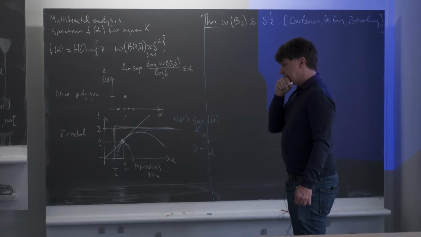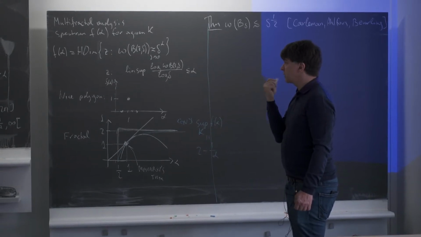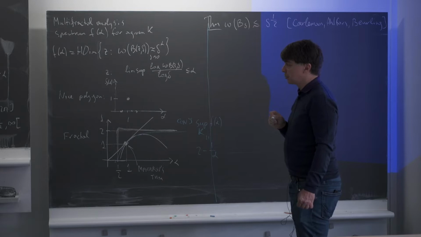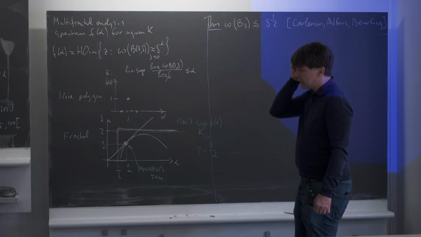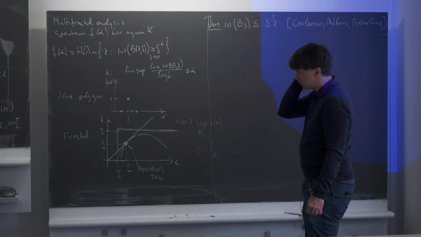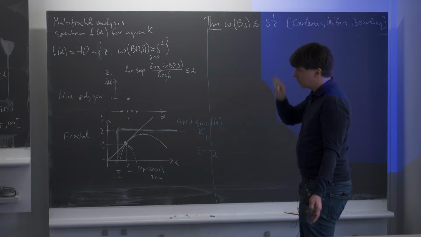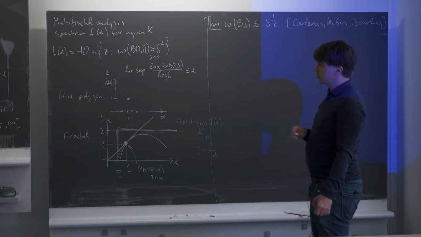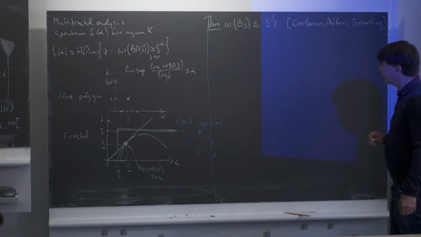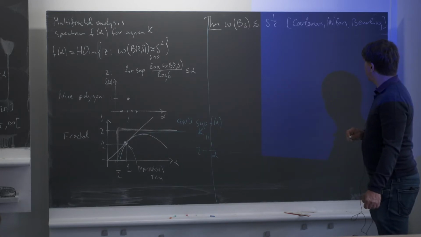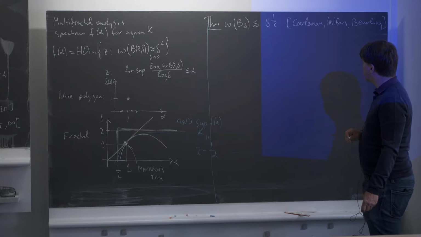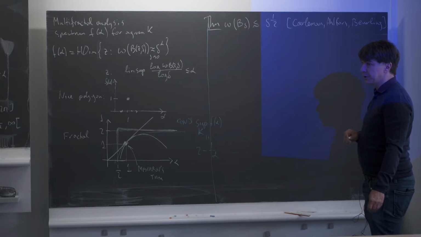And they studied a slightly different topic at the time. They studied value distribution of entire functions, and some estimates you need there pass to the estimates you need here. So I maybe will do the proof of Carleman, which is the shortest and the easiest.